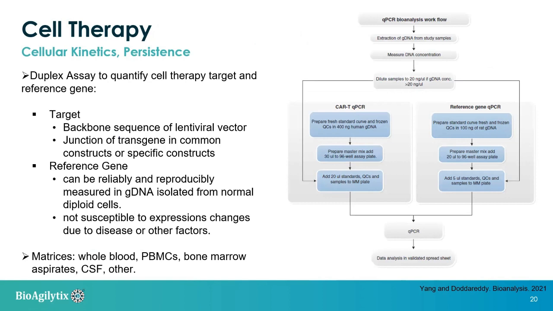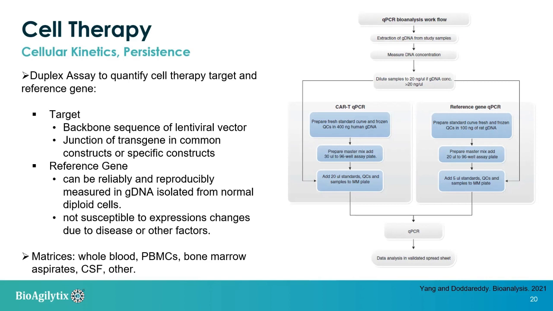The target assay can be against the backbone sequence of, for example, the lentiviral vector, or that target sequence can be designed to maybe a common construct for cell therapy transgenes, or it can be specific to that cell therapy transgene itself.